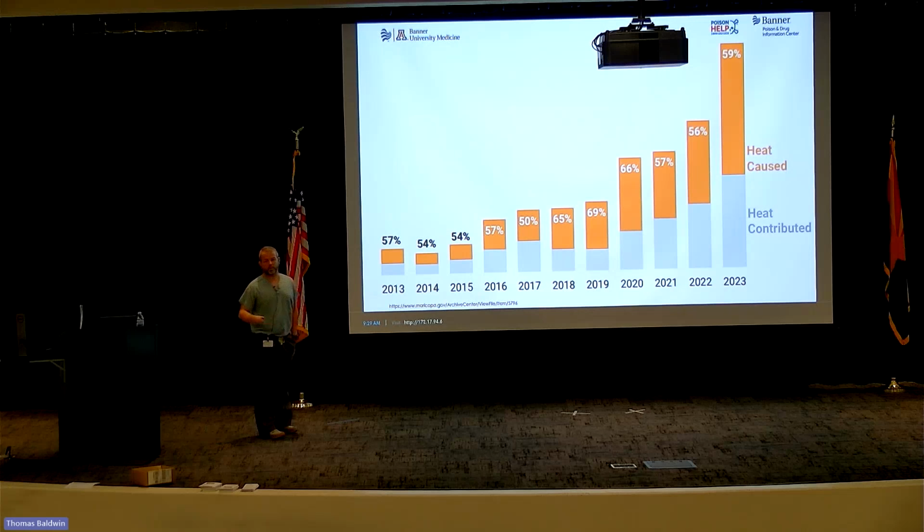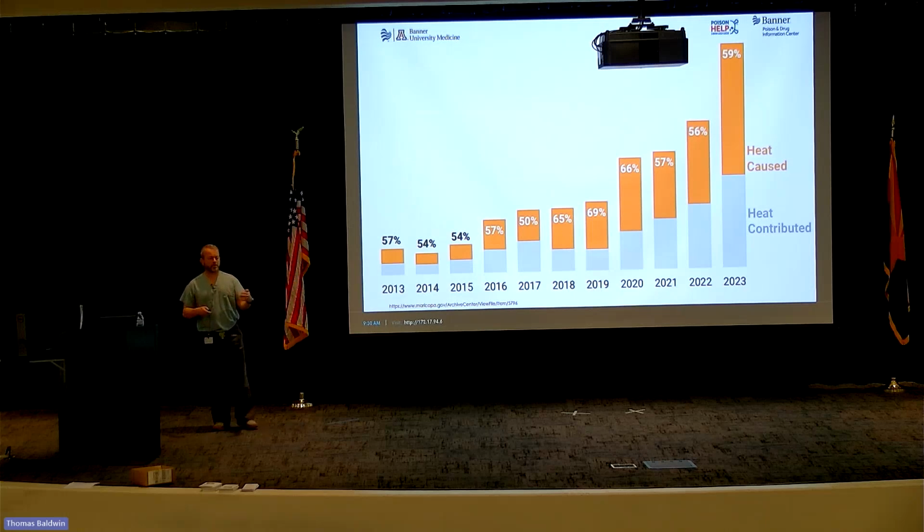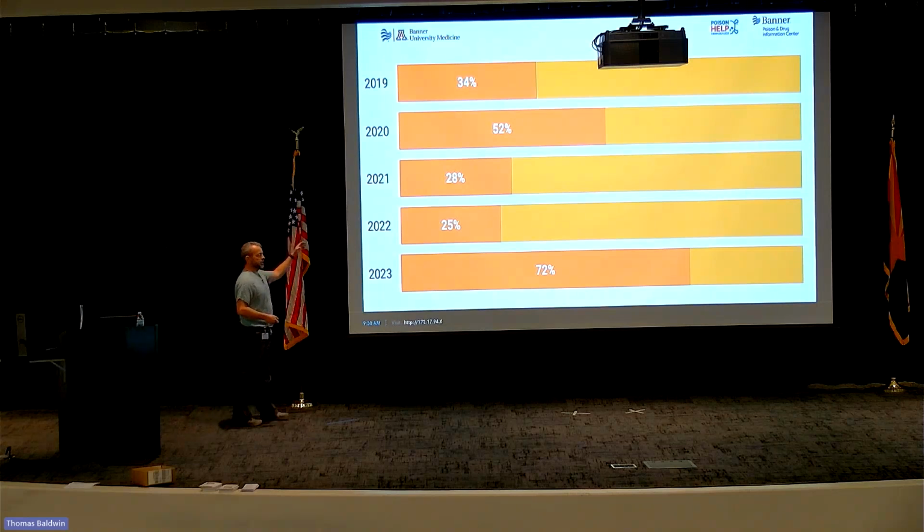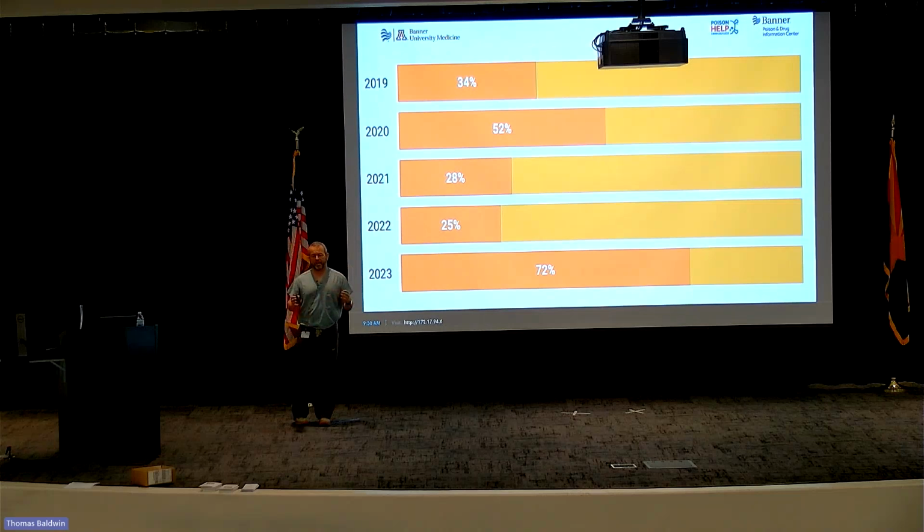Now, the distinction between the two might seem like semantics, but for the purposes of data collection and epidemiologic survey, it does make a difference, because there are very specific risk factors that allow heat to induce a fatal outcome in someone in whom that wouldn't occur without those risk factors. Unfortunately, this is a very poorly labeled slide, but essentially it shows the percentage of deaths year over year on days that are considered heat risk extreme, which the National Weather Service defines as temperatures over 90 degrees for more than 3 days.